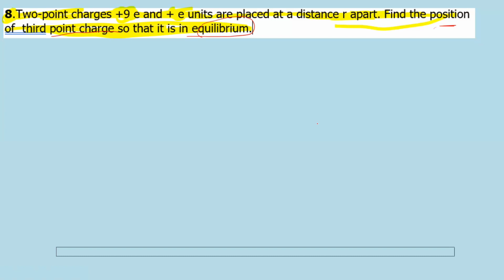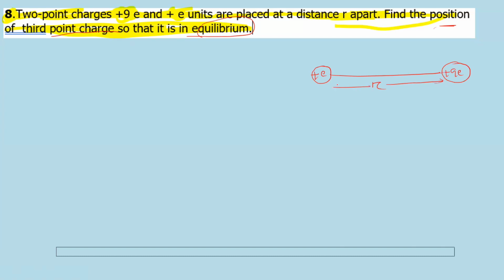Now we will draw a figure related to the question. This is the plus e charge, and at a distance r I'm placing another charge, plus 9e. This is what is mentioned in the question.